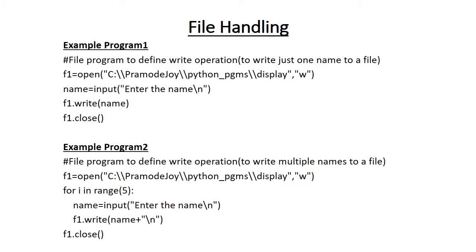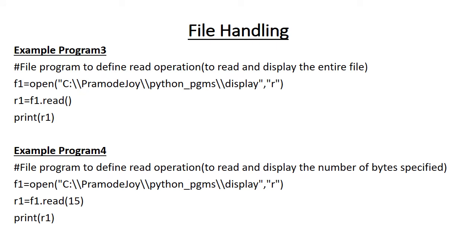Example programs. Program number 1 explains how to input a name, just to enter a name into a file. The second program explains how to input more than one name, that means a set of 5 names, into a file. Example program 3 explains how to read and display the entire file. Example program 4 explains how to read and display the number of bytes specified.